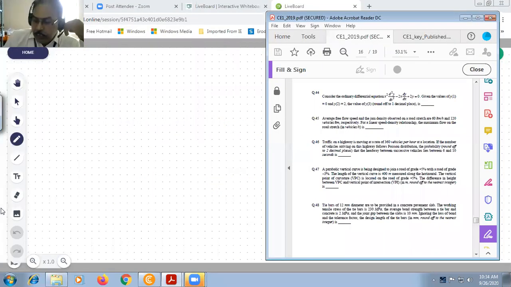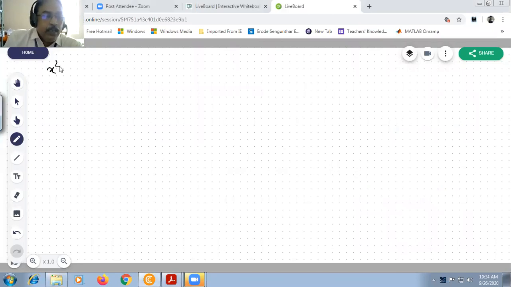And consider the equation: x square d square y by dx square minus 2x dy by dx plus 2y equal to 0.